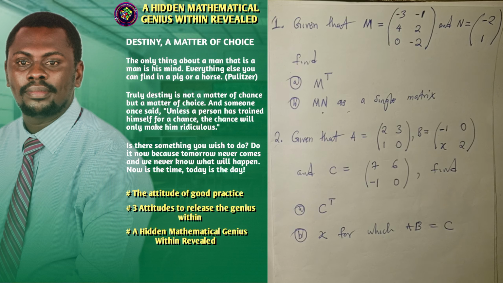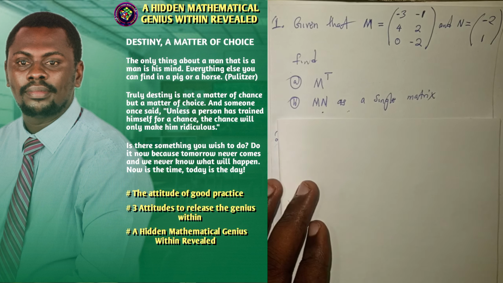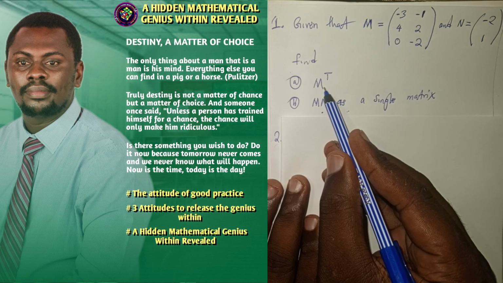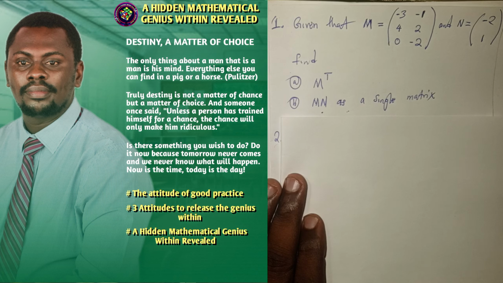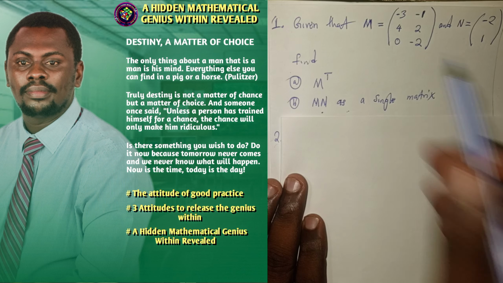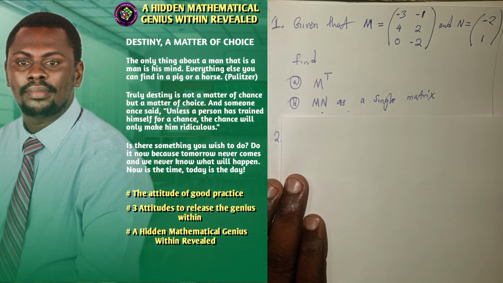So what does it mean to transpose a matrix? To transpose a matrix, you change rows to become columns, or columns to become rows. So here we want to solve for M transpose, meaning you change the rows of matrix M to become columns.